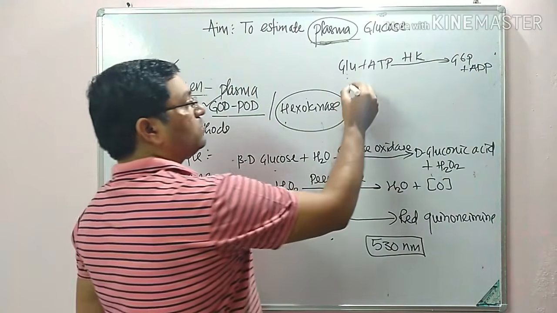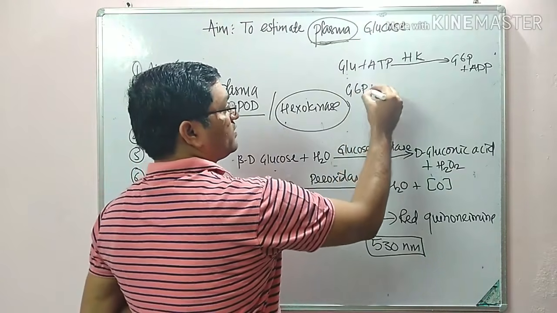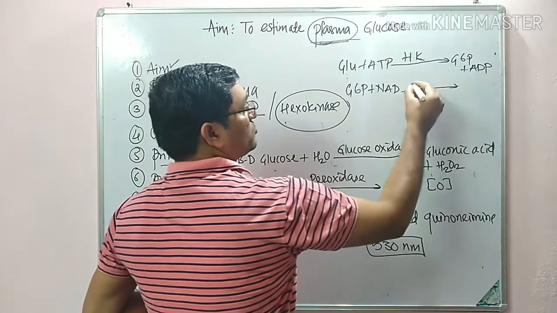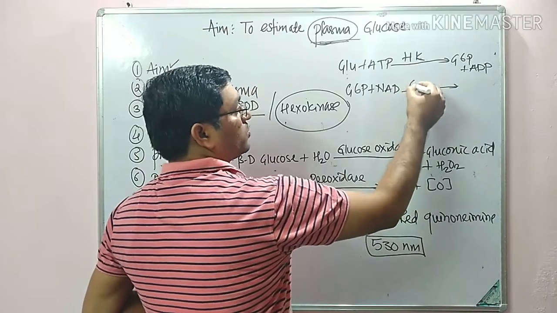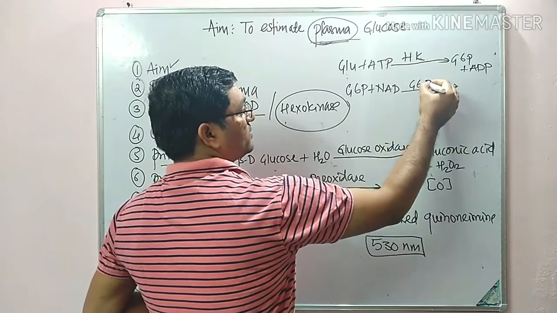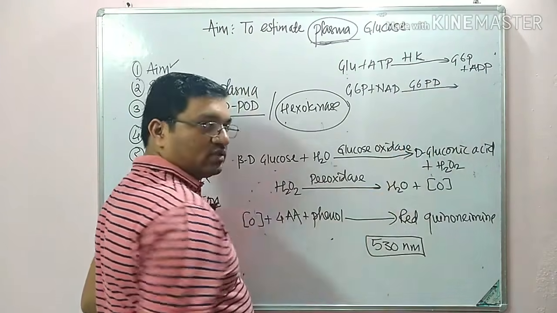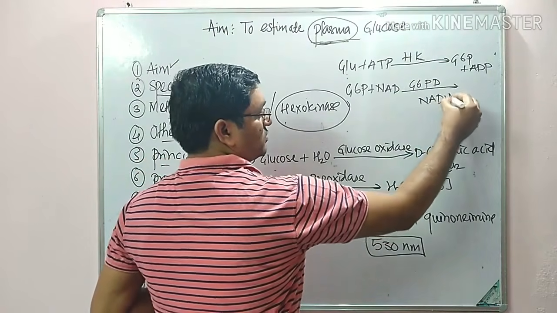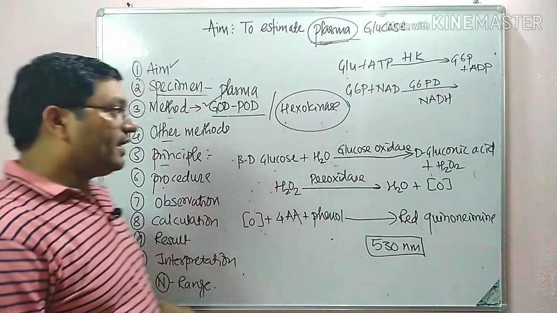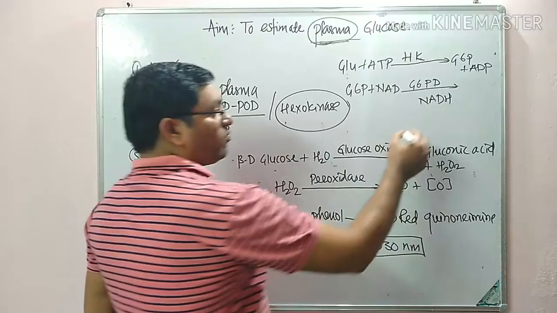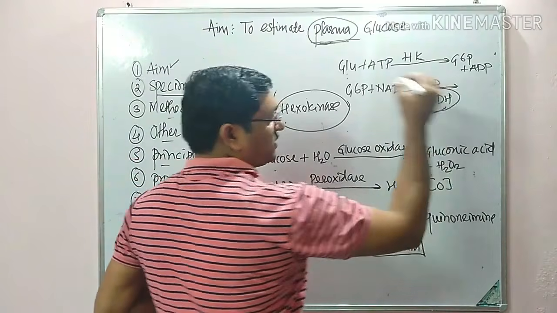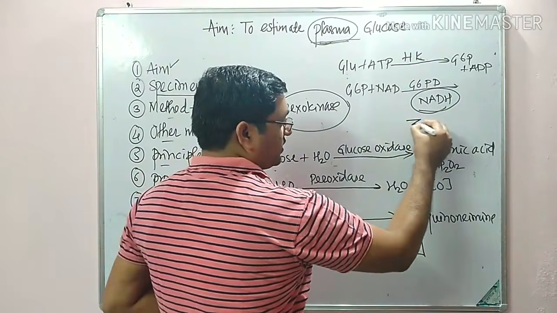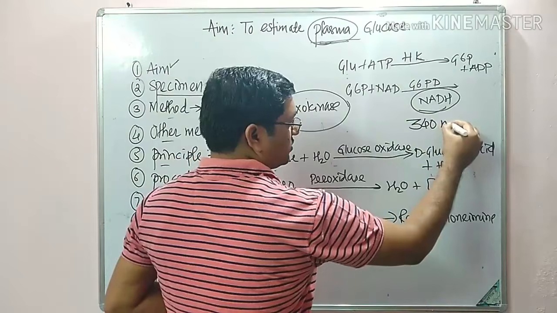Now this glucose 6-phosphate plus NAD in presence of glucose 6-phosphate dehydrogenase gives NADH, and the rate of formation of NADH is measured at spectrophotometer, that is 340 nanometer.